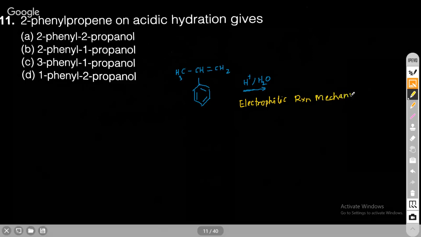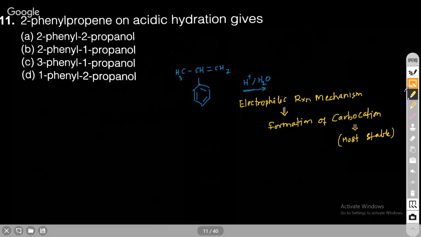And we know this electrophilic reaction mechanism follows by the formation of carbocation, right? And this carbocation should be, if possible, most stable. We'll try to form more stable carbocation and then we'll get the product.